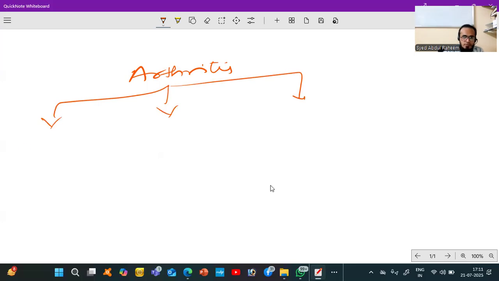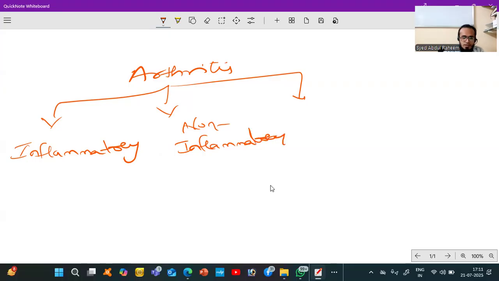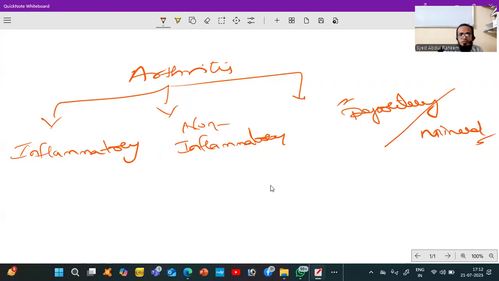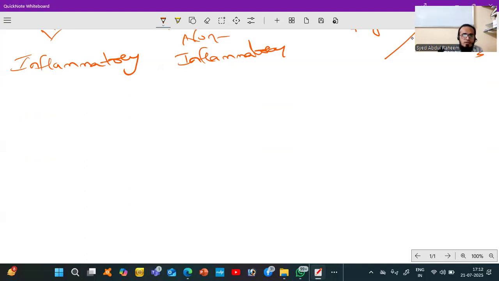One is inflammatory. Second is non-inflammatory. Next is depository or mineral. Okay, so let's discuss one by one.